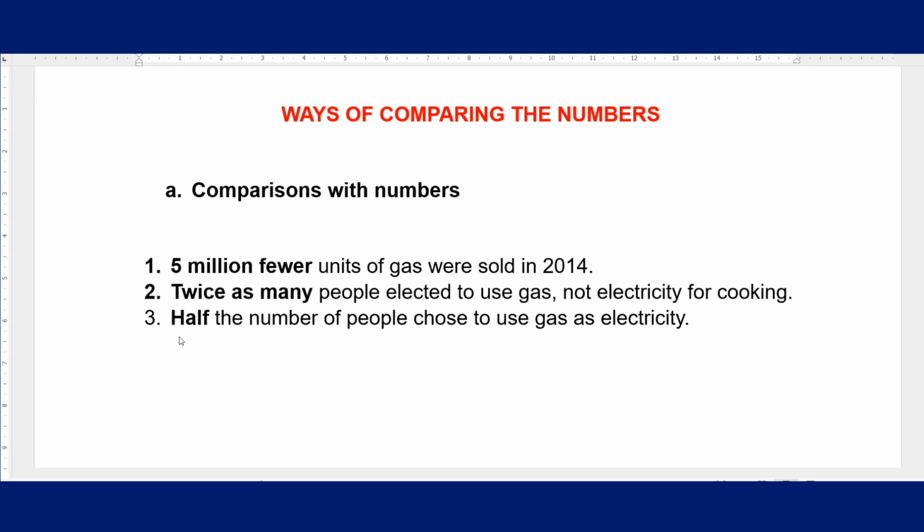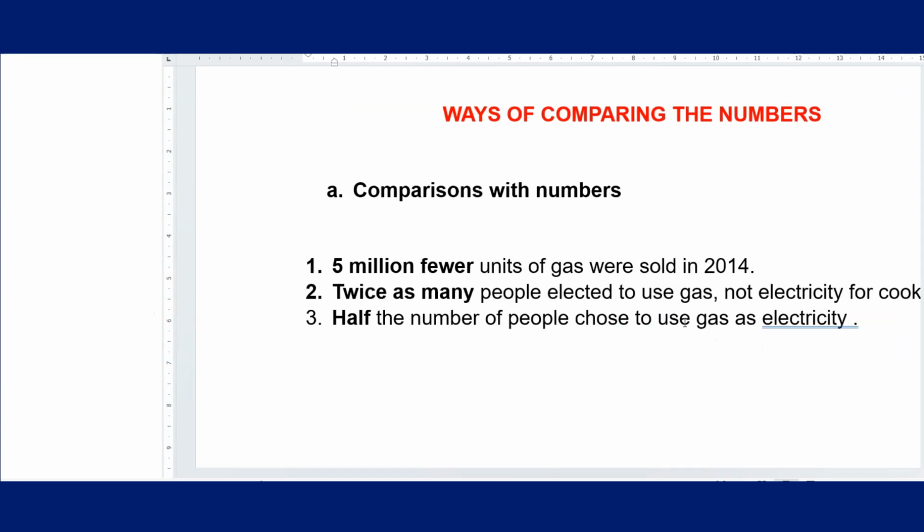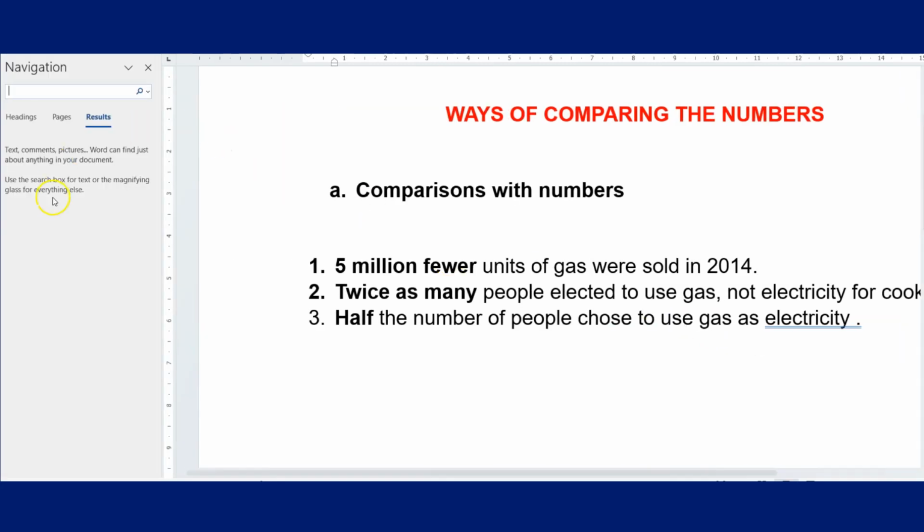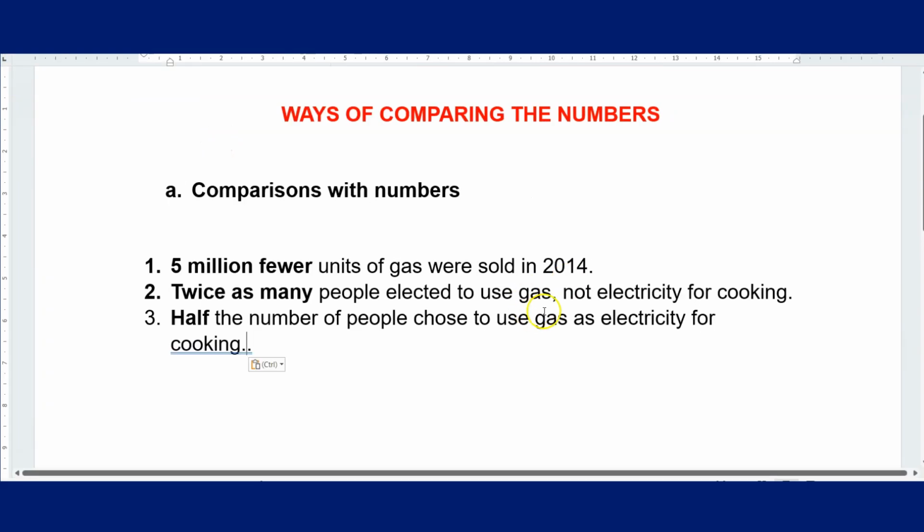So if you check those who are using gas as compared to those who are using electricity for cooking, we can say that the number who are using gas for cooking were half the number who were using electricity. It's about using arithmetic and you are good to go.